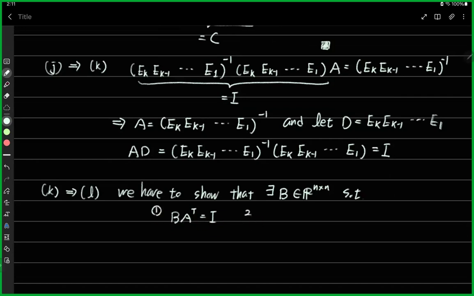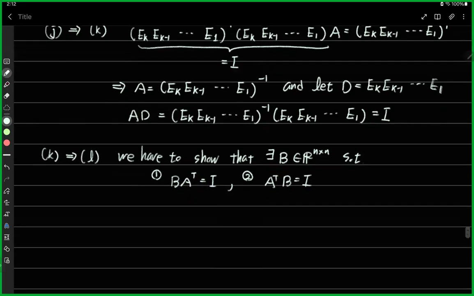The second is A transpose B is equal to I, because statement L says A transpose is invertible also. So we have to show that there exists such a matrix B, with B A transpose equals I and A transpose B equals I.